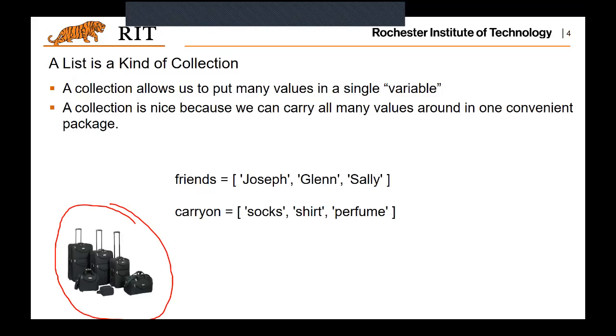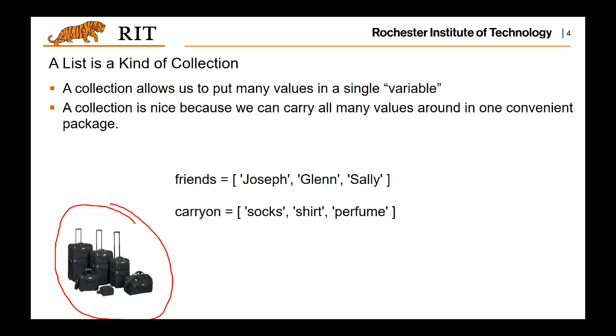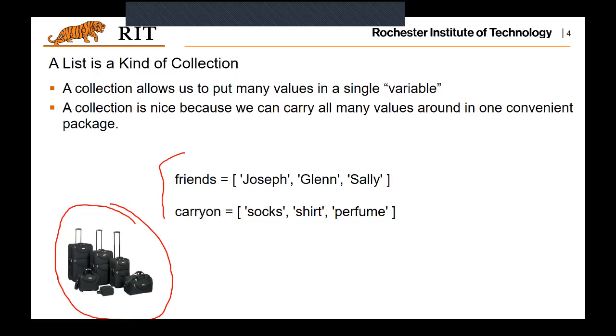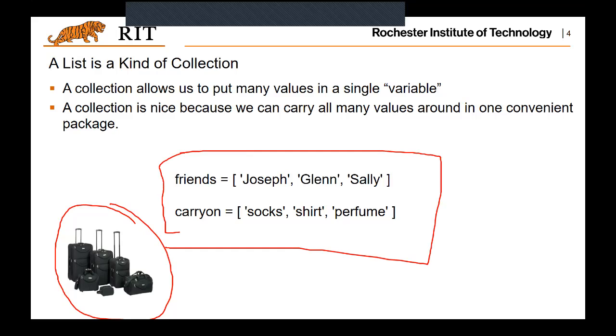But for a list you can think of it like this kind of luggage bag. So you can put multiple values in a single variable, and this variable is a list. And here are two examples. You have one variable called friends, and this is a list.